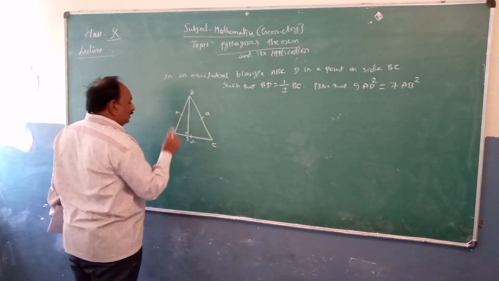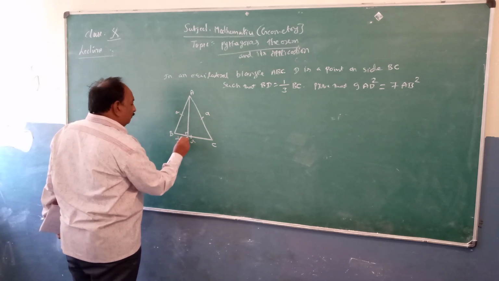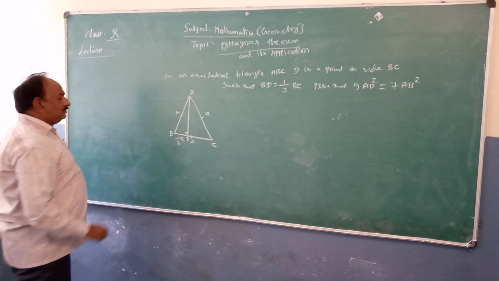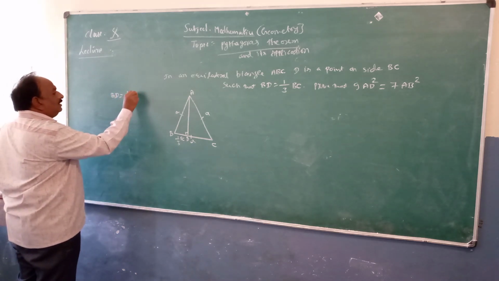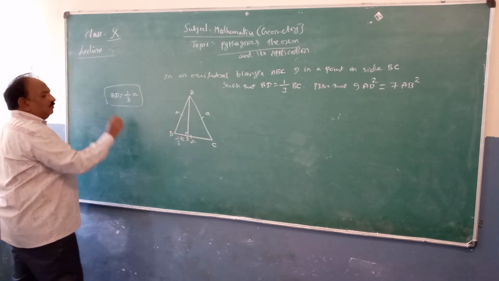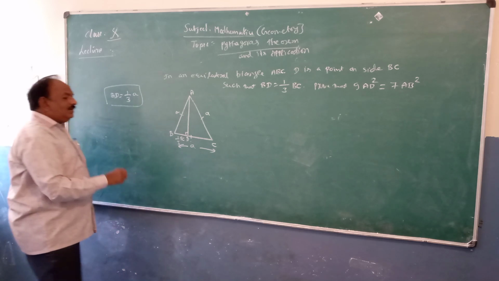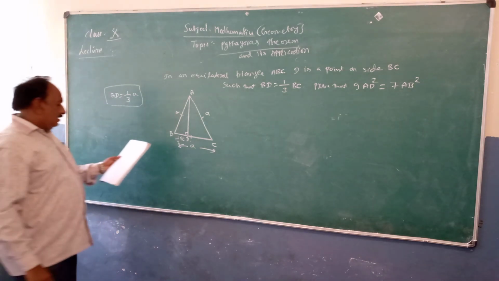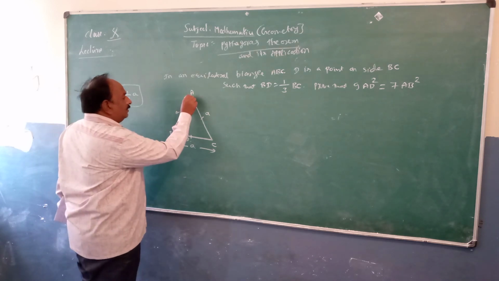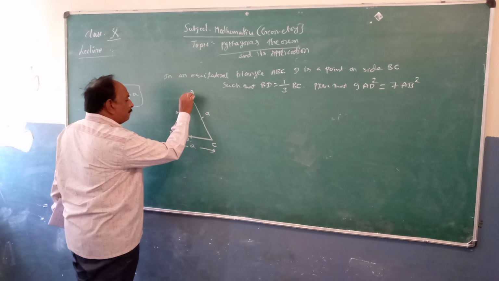This BD is 1 by 3rd of BC. It means to say that BD is equal to 1 by 3A. Next is the perpendicular drawn from the vertex of the right angle.